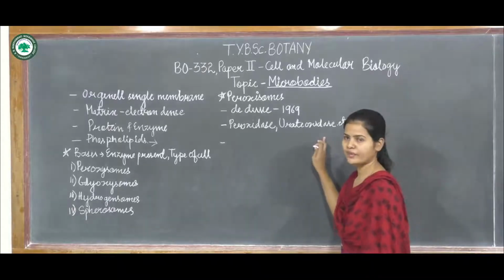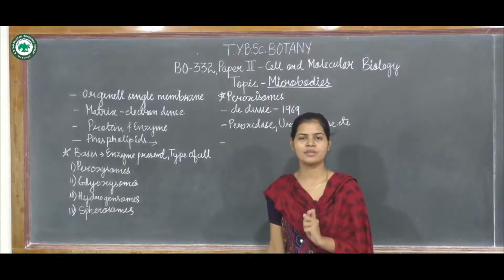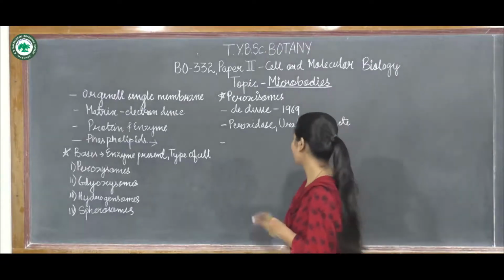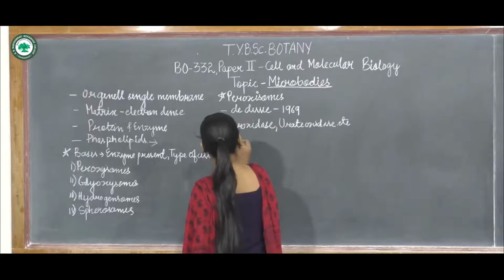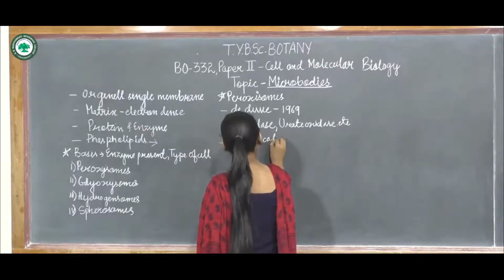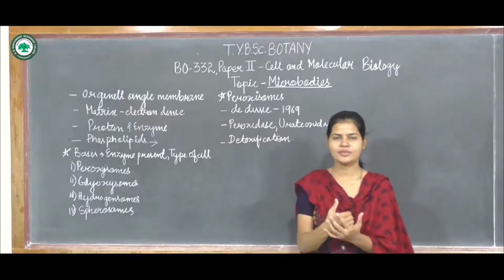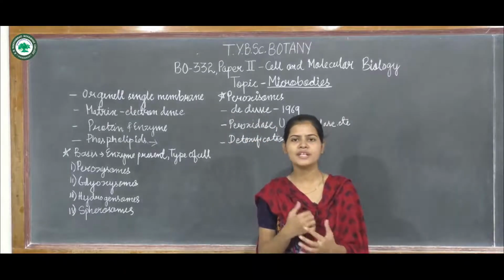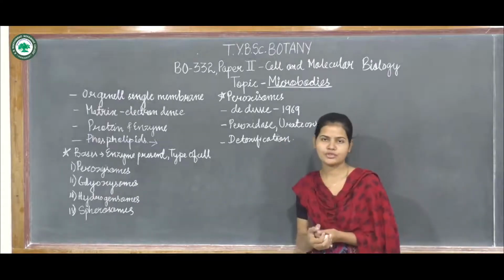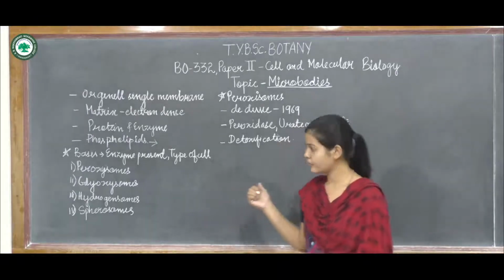Many different types of enzymes are present, and most of the enzymes which are present in the microbodies have a role in detoxification of a cell, like the metabolism of the hydrogen peroxide that is released in the cell by the different enzymes.